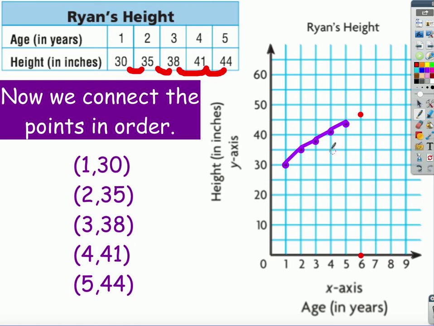If you look at the line, you can see that the line's following the same path through that point. So that's how we can make a reasonable guess of where he'd be when he's 6 or 7. Eventually he's going to stop growing, so this graph is going to climb and then start leveling out. So that's the lesson that we learned on line graphs.